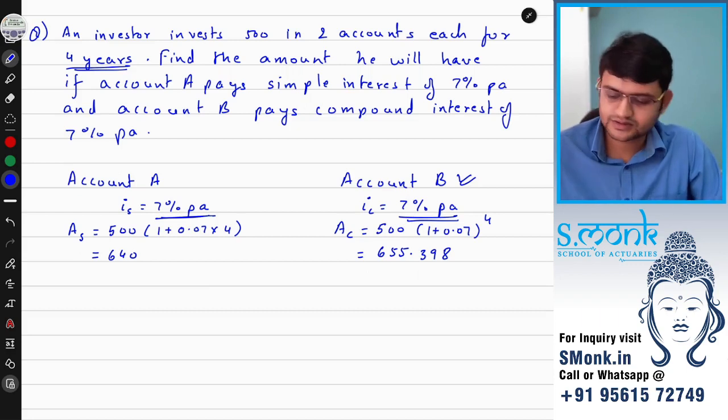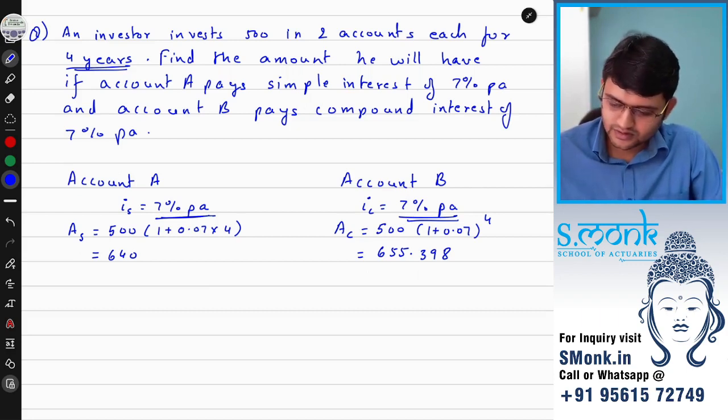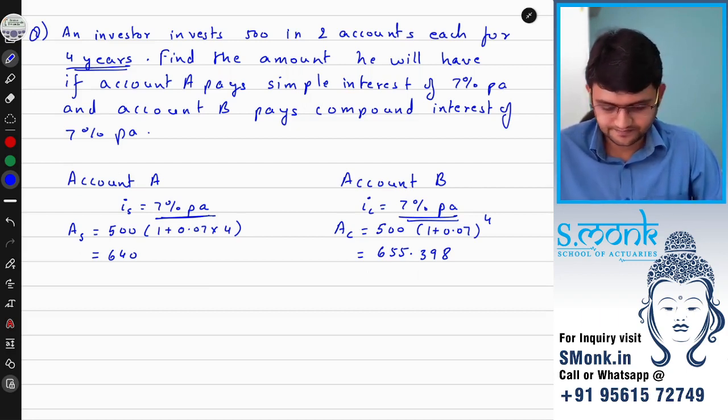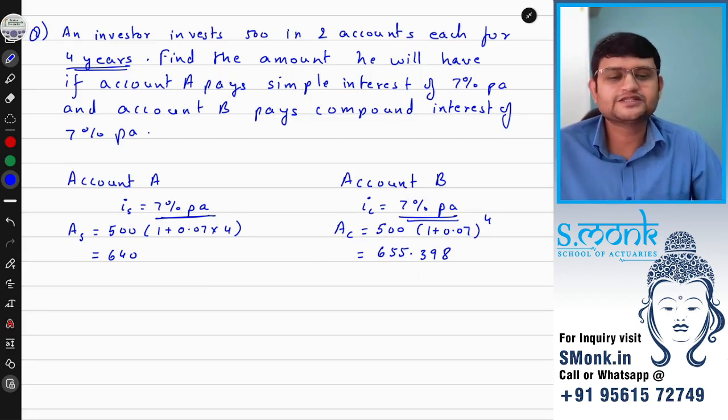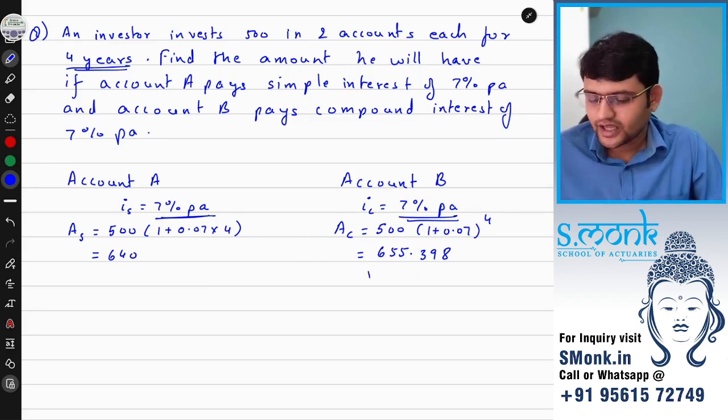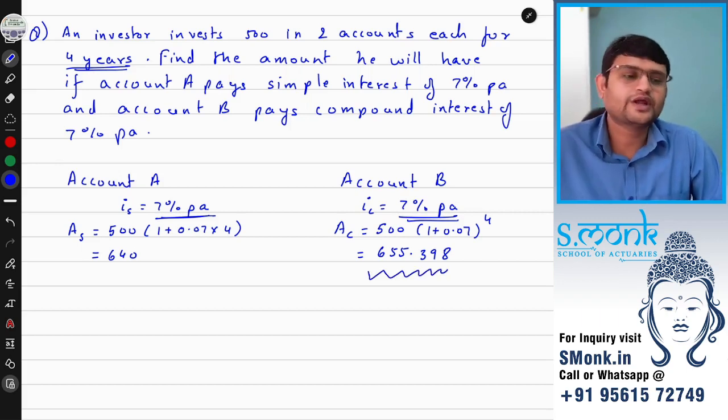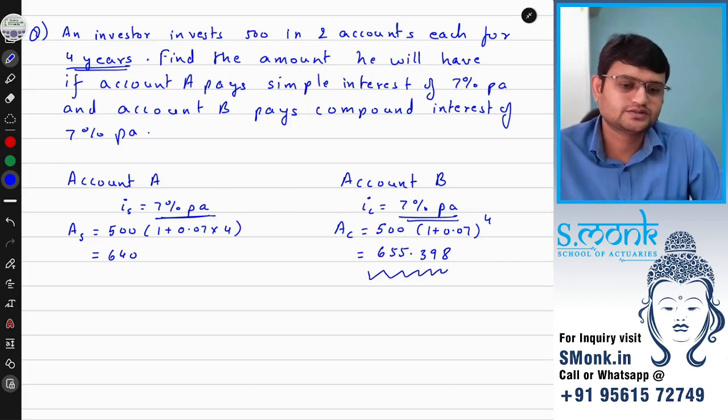Anybody else? Now, usually people say that because in compound interest we earn more interest, that is why we'll choose account B, and that is why we'll choose compound interest and not simple interest.